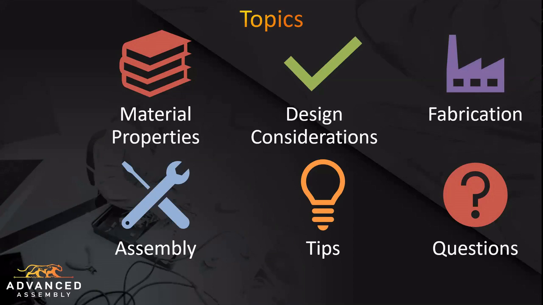I want to talk about material properties, how to determine copper thickness for your designs, how manufacturers fabricate your board, and then challenges that we have when we are actually assembling it. Like Lisa said, at the end of the presentation, I'll be glad to take questions. So if you have anything, write them down or feel free to use the chat box. If I can hit that in the middle of the presentation, I absolutely will. Let's get started.